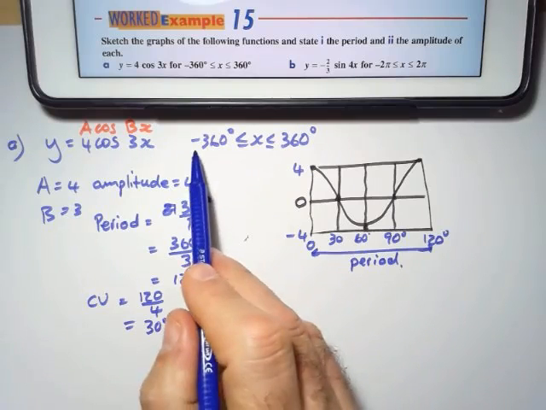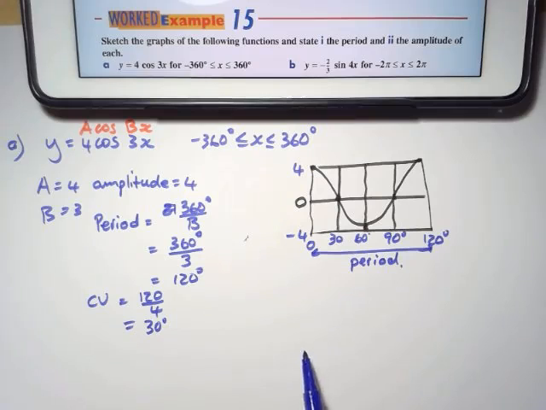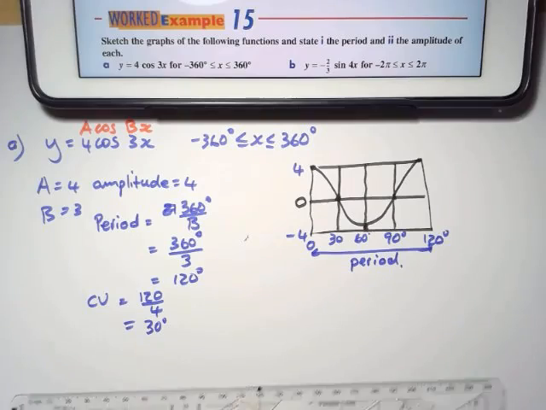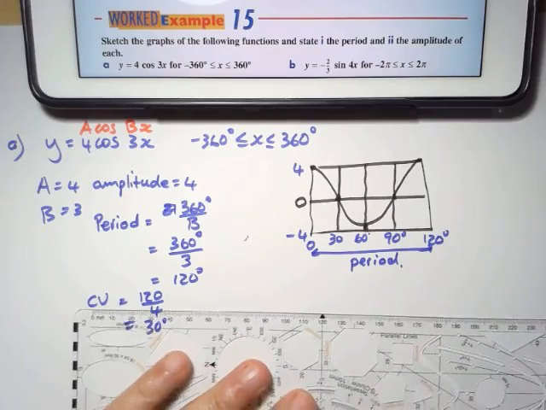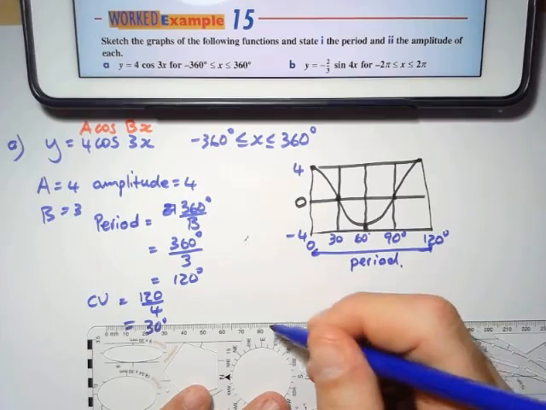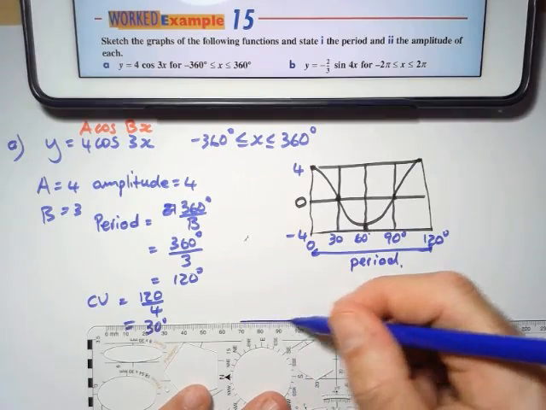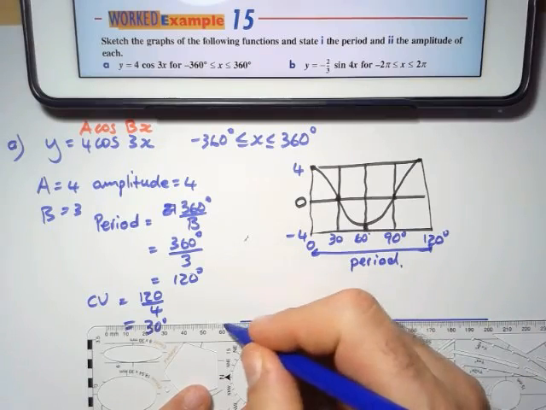They want the graph from negative 360 to positive 360, and I need to have marks for every 120. So if I grab my ruler, or as close to a ruler as I can get, what I'm going to do is draw my line.